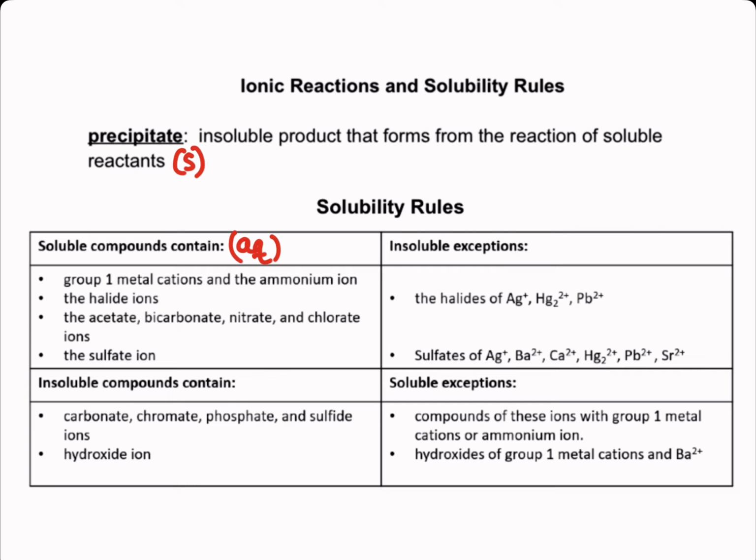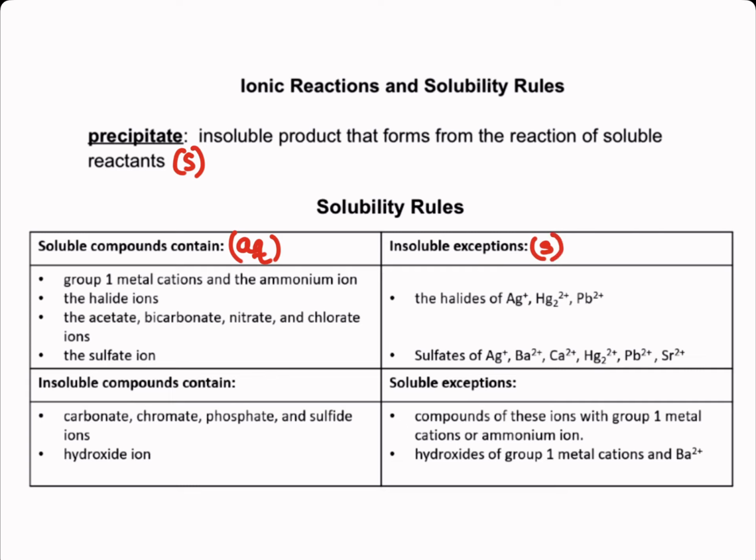For example, group 1 metal cations and the ammonium ion products are all soluble. The halide ions, which is group 7, are all soluble except when the halide is bonded to one of these cations. If the product has one of these cations, then it gets the insoluble symbol, and the insoluble symbol means S.